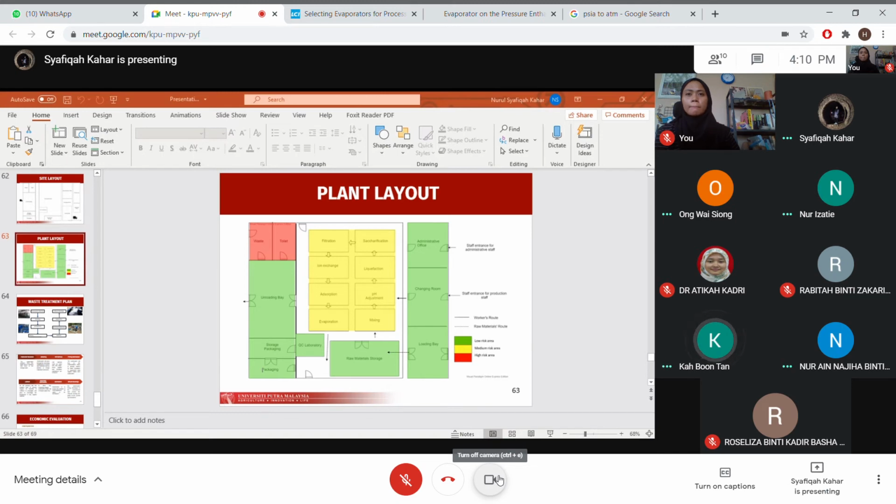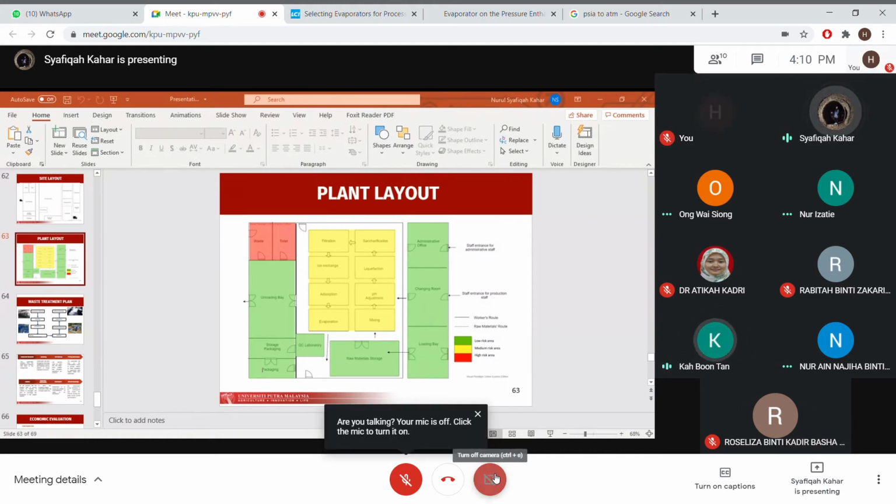I'm not sure if this is following the scale, because when you design a plant layout, you have to factor in your equipment size roughly. You guys also have to look into, for example, the changing room. I think it's too big.